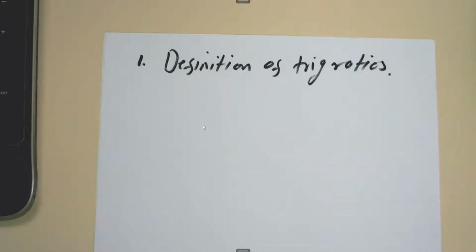We know sine is defined as opposite side over the hypotenuse, cosine is defined as adjacent over hypotenuse, and tangent is defined as opposite over adjacent. Those definitions are very important, and will play a key role in enabling us to solve 3D problems.